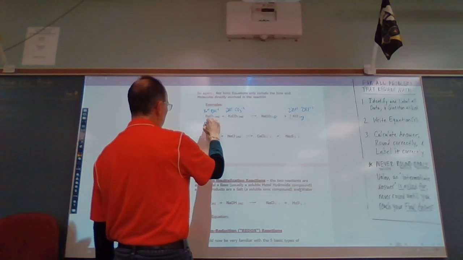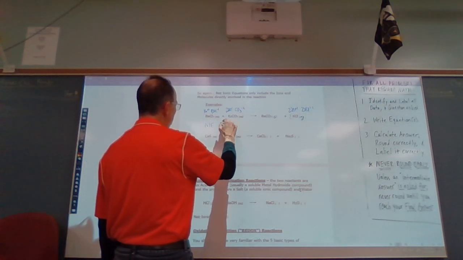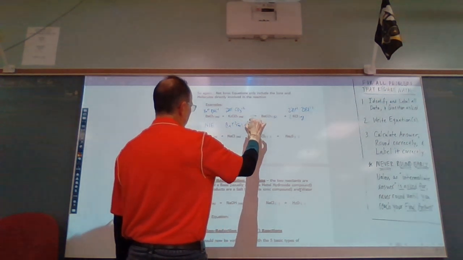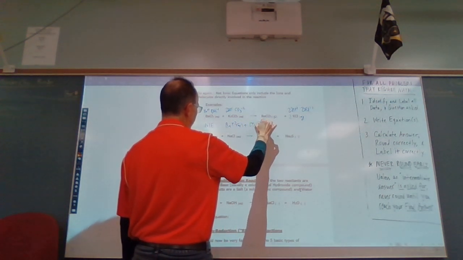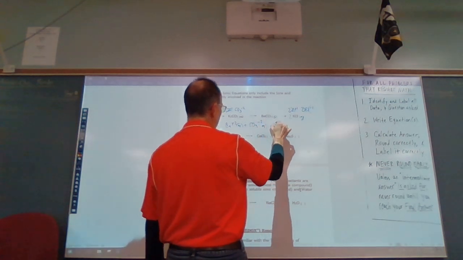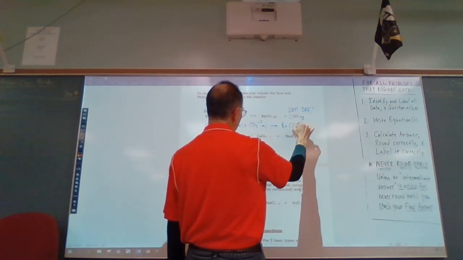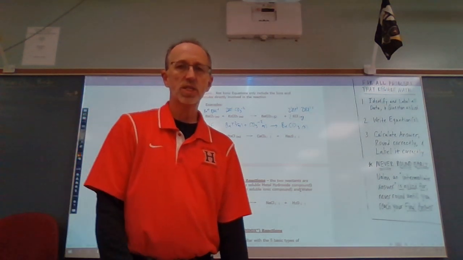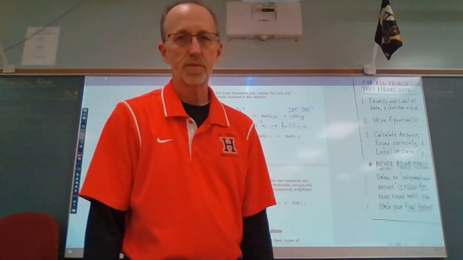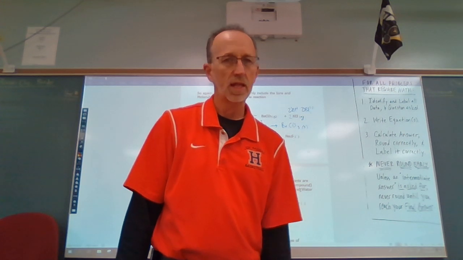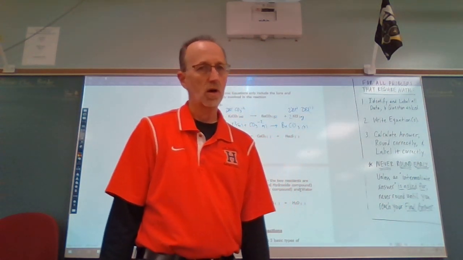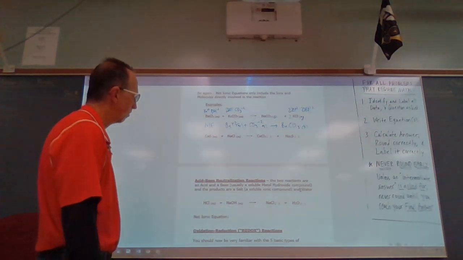So our net ionic equation would be Ba plus 2 aqueous plus CO3 minus 2 aqueous yields BaCO3 solid. Again, your net ionic equation should always be balanced. If your original skeleton equation was balanced, then your net ionic equation should also be balanced already. Shouldn't have to do anything else with that.